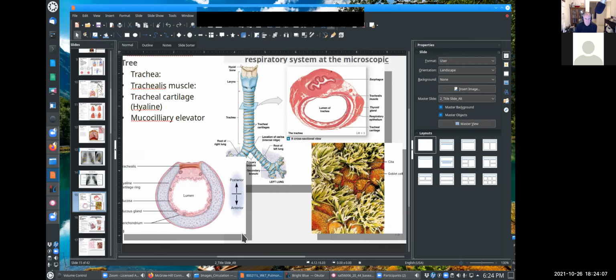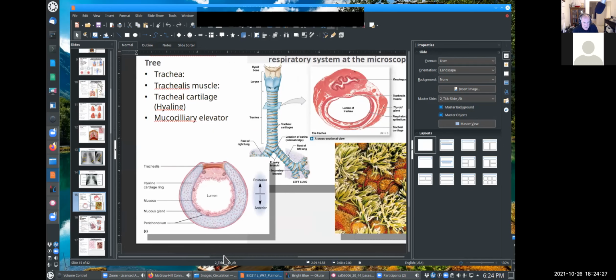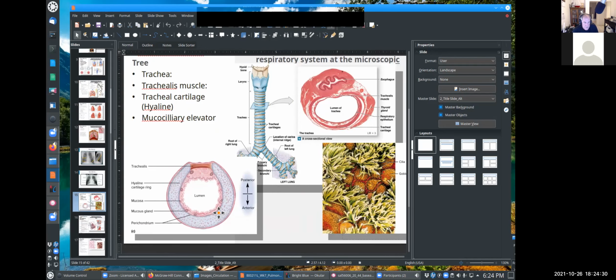This is almost like what you see on the histology. You've got the hyaline cartilage, and they make it in the shape of a C. You've got the, I think they call it endothelium. Basically mucosa. This has the cilia that make up the mucociliary elevator. Trachealis muscle.